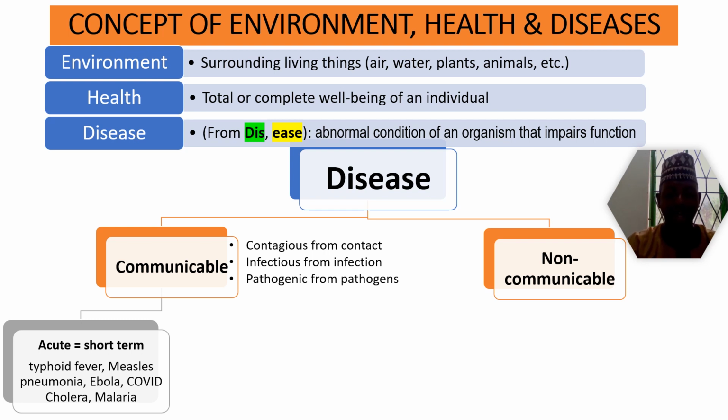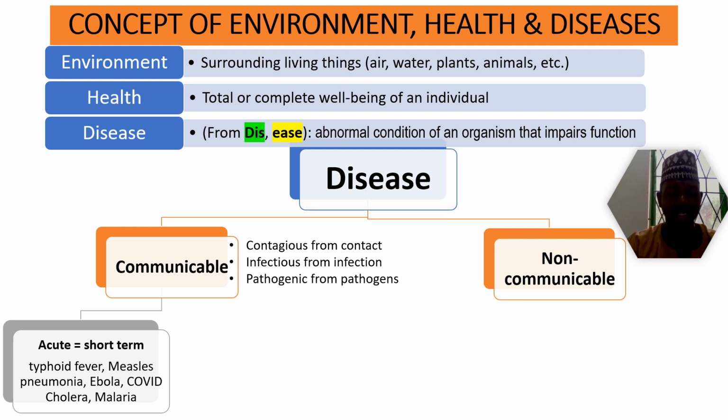Acute diseases are diseases that occur within a short period of time in which either the individual survives or recovers, or the individual dies as a result of the disease. Examples of acute communicable diseases include typhoid fever, measles, pneumonia, Ebola, coronavirus disease, cholera, malaria.